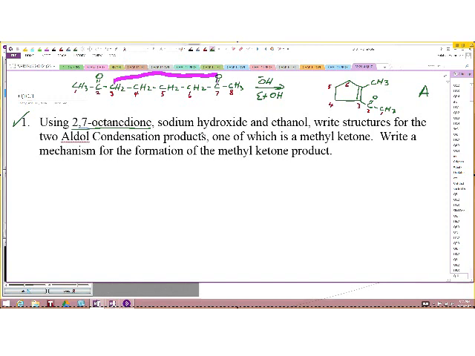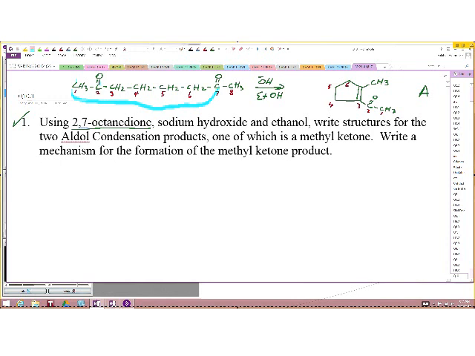What would be the other possibility? Where can we generate the enolate anion? Yeah, at 1. Okay, very good. So if we generate the enolate anion at 1, then you are going to join this carbon here to 7, right?